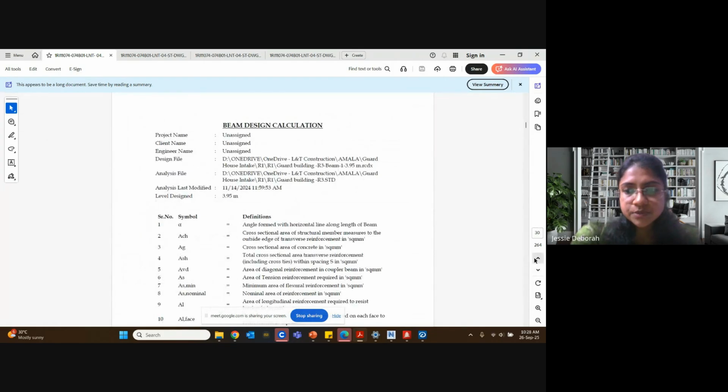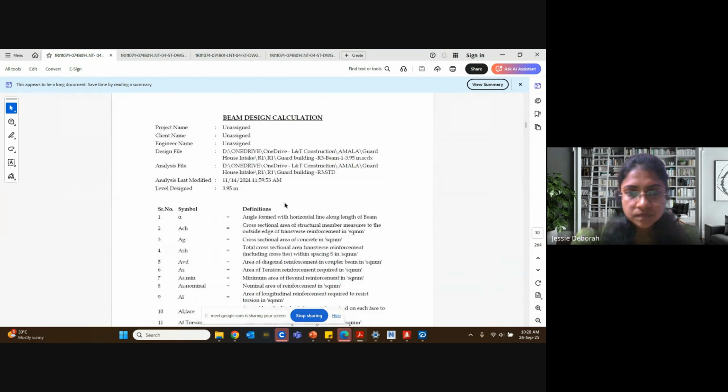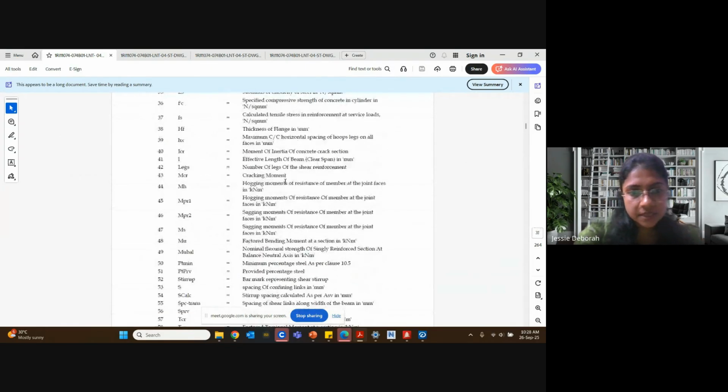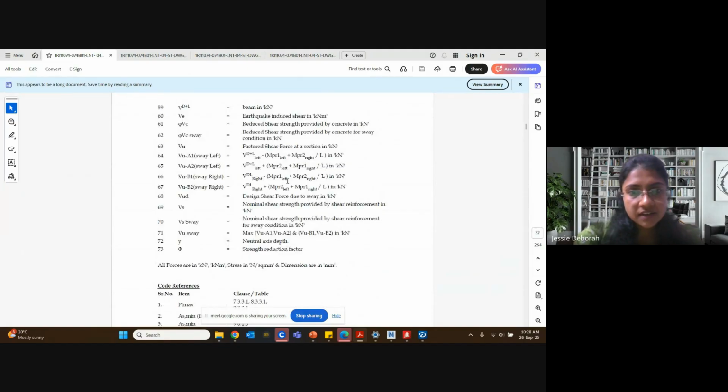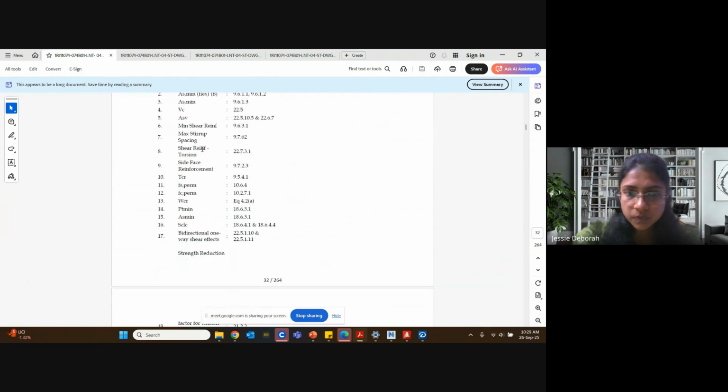So the design is there for all the slabs. Now this is the roof beam. So we are doing beam design. Beam design is similar. We will take our roof slab. This factor shear force is there. Then we look at how it sways and take it ahead.